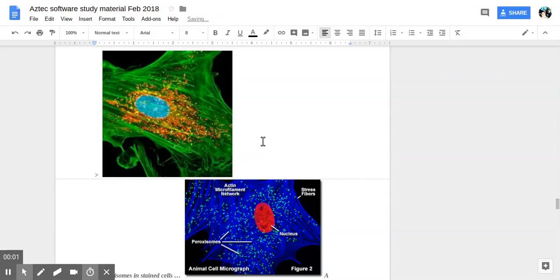Hi guys, we're learning about life science and cell biology in a nutshell. Here we have a diagram showing the organelle peroxisomes scattered in the cell.